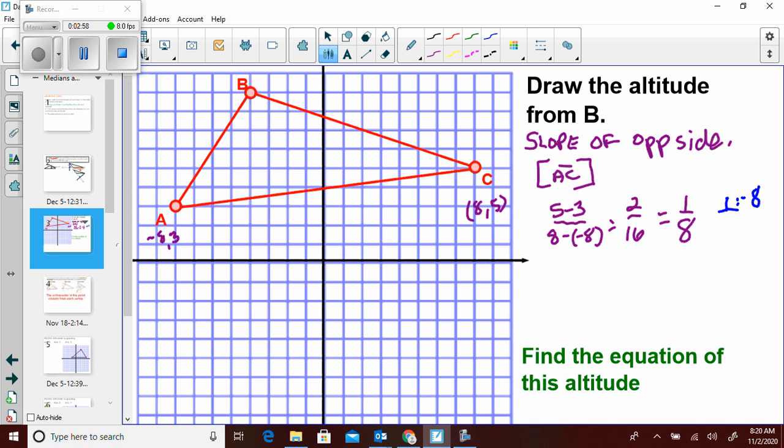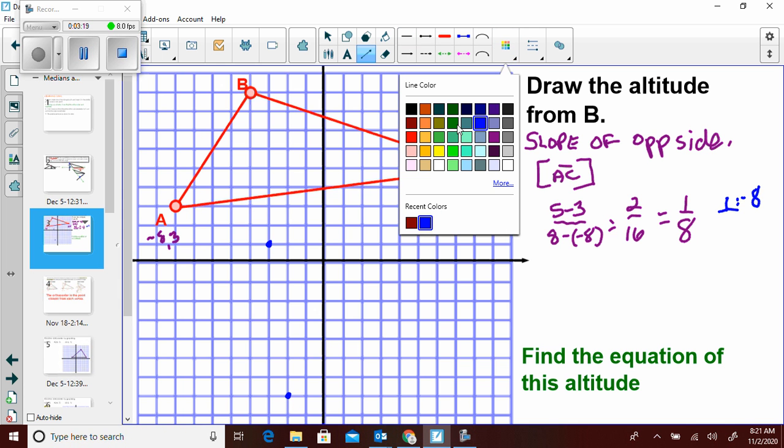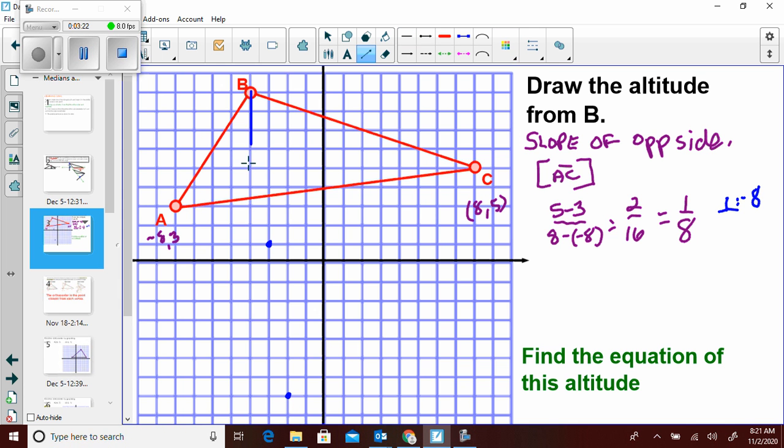I'm going to start at the vertex B, and I'm going to use my -8: down 8, over 1. Down 8, over 1. Always do 3 points just in case one of the ones you did was incorrect. You're going to take your ruler to draw through those points. Now, because it is the altitude, it is perpendicular.